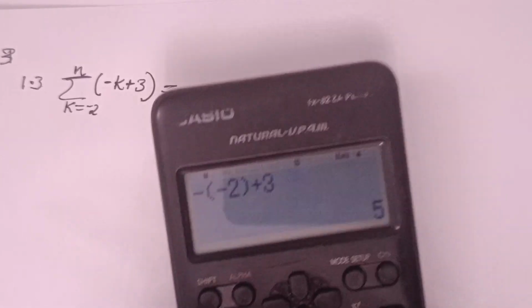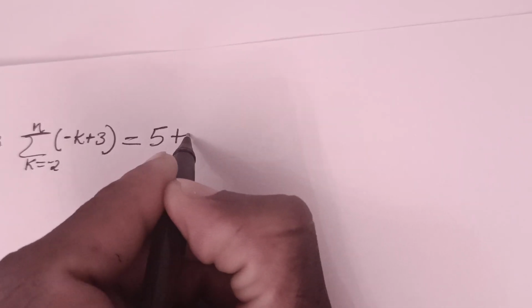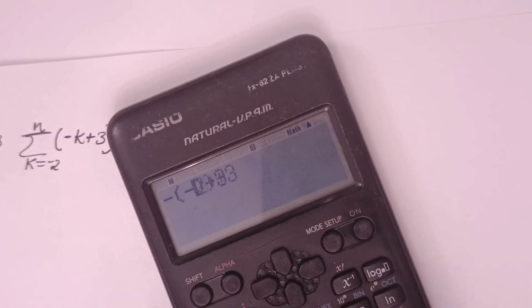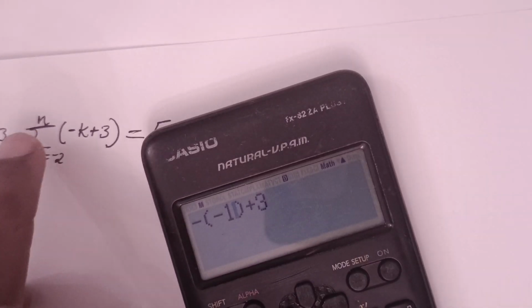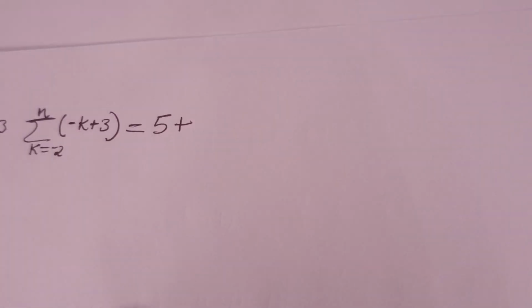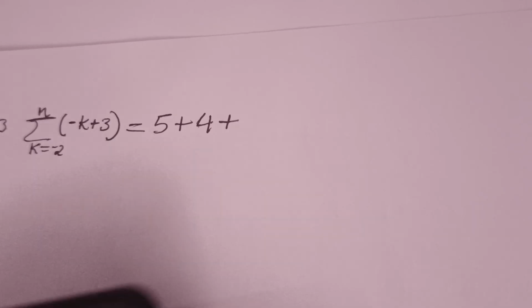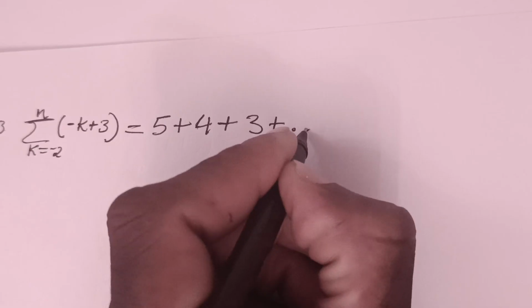The first term is 5. Plus, this is a series. You use the cursor from minus 2 going up: k is minus 2, minus 1, 0, 1, 2, 3, up to n. So when k is minus 1, that gives you 4. We're just finding the first 3 terms. When k is 0, that gives you 3. Plus, going on and on.